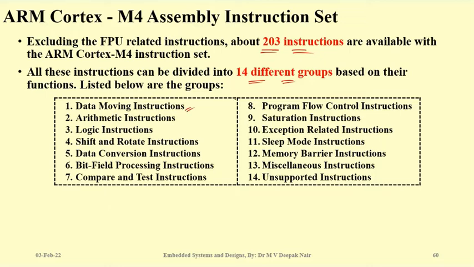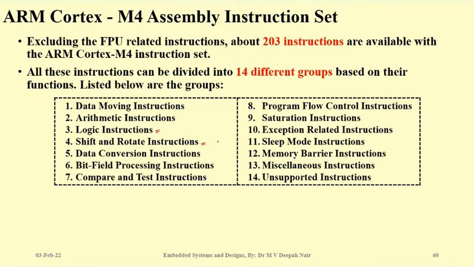For example, there are instructions related to moving data from memory to registers, and between registers. Arithmetic instructions do operations such as plus, minus, multiplication, division, modulus, and so on. Then we have logical instructions to perform operations like AND, OR, NOT, XOR, and so on.